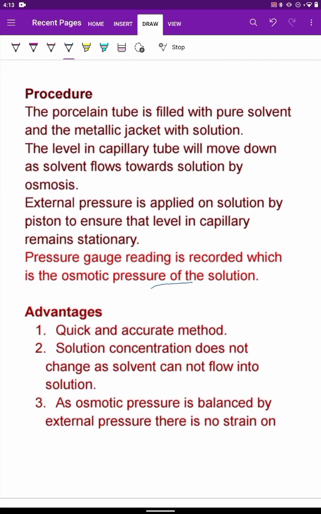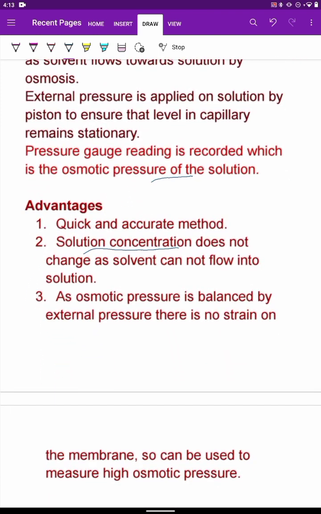For this method, there are certain advantages. First is that it is very quick and accurate, and we are not allowing the solvent to move into the solution. So the concentration of the solution will not change. The solution concentration does not change as the solvent cannot flow into the solution, and the osmotic pressure is balanced by external pressure, so there is no strain on the membrane.